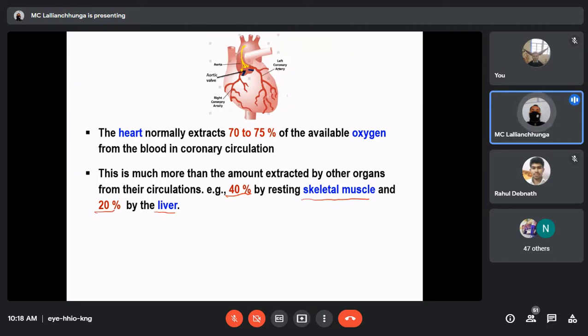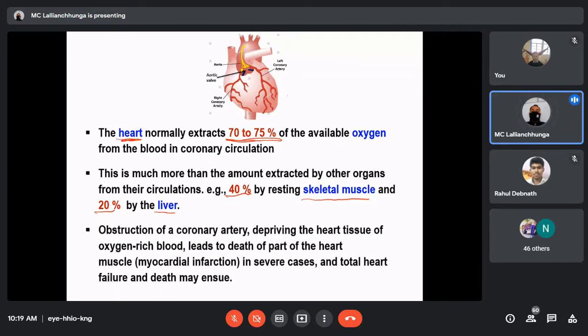So you can compare how much oxygen is extracted by a particular tissue. The extraction percentage of heart tissue is very much higher than other tissues.